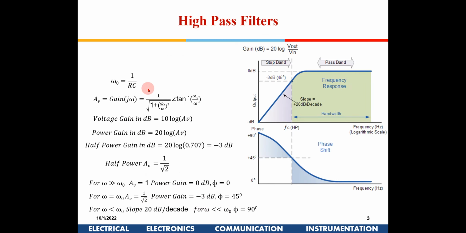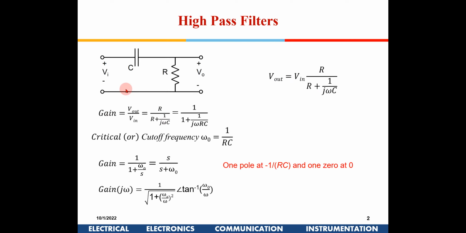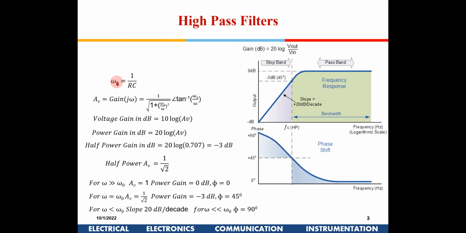So this is a high pass filter which we learned in our basic electrical science. Now why do we call omega equal to omega 0 the corner frequency, or critical frequency, or cutoff frequency? These are the various names given to omega 0, represented by 1 by RC, because when omega is equal to omega 0, the magnitude term here becomes 1, and hence the gain becomes 1 by root 2.